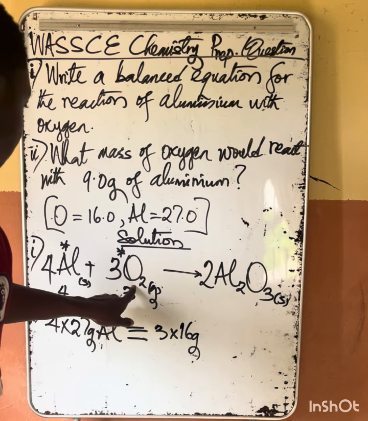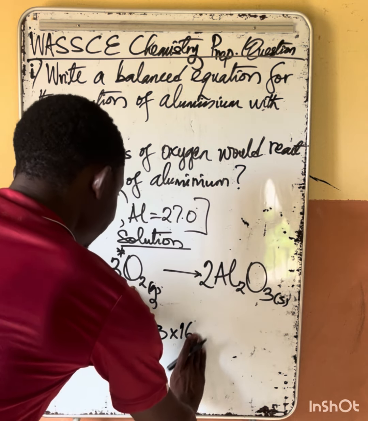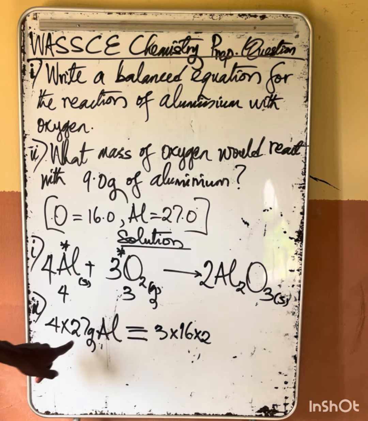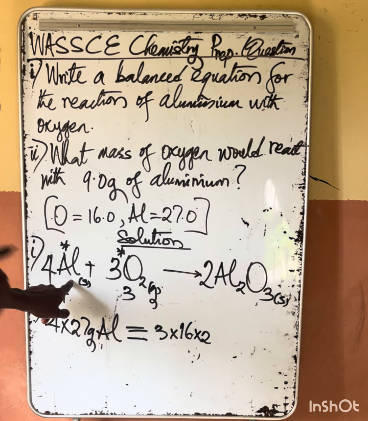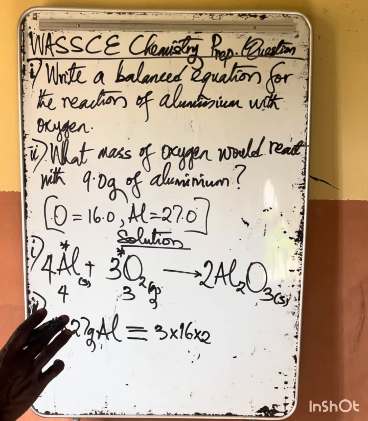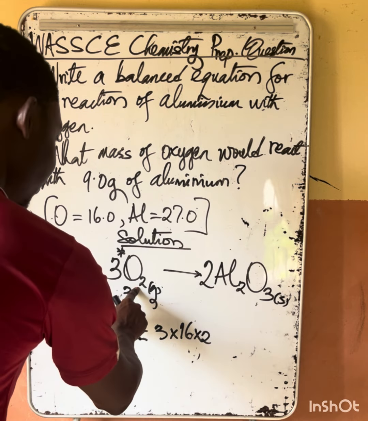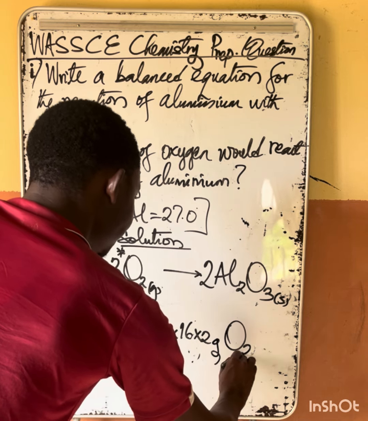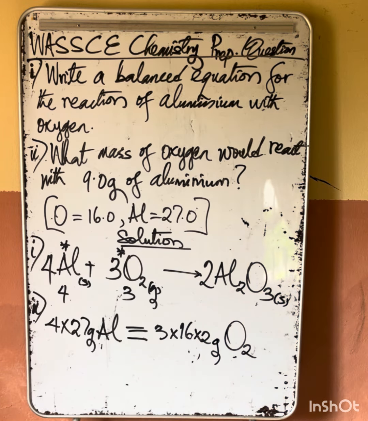Oxygen is actually O2, so it will be 3 times 16 times 2. Remember, O2 is formula mass. I didn't do that here because aluminium is just aluminium, Al. I'm doing times 2 here because of the O2. So everything will be in grams of oxygen gas. This is the data from the balanced chemical equation.